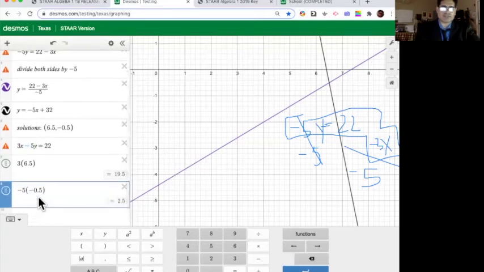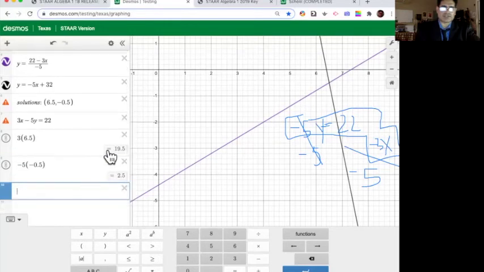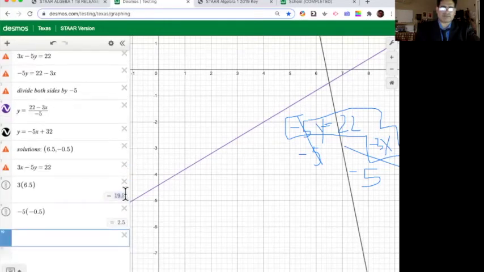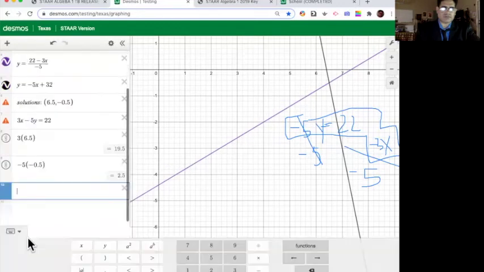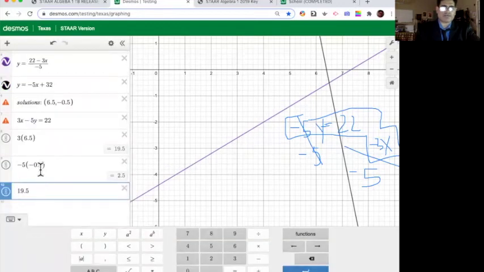Okay, so those are 2.5. So if I take my 3x, which is 19.5, and if I take away that 5 times 0.5, and actually look, I made another mistake.